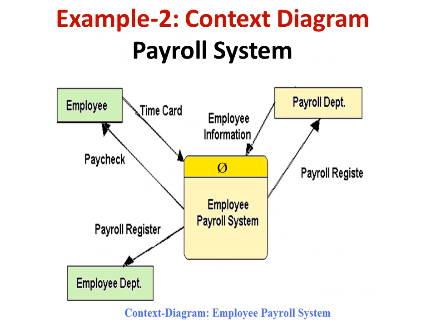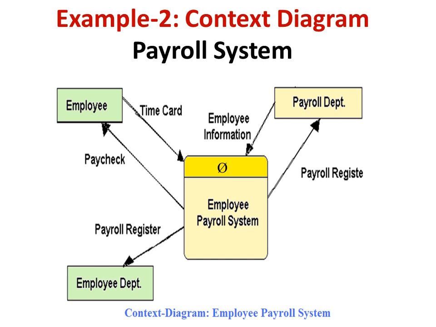Example of a context diagram for a payroll system. As you can see, the system name is in the middle. This model contains one bubble or one process, which is the system name, and 3 external entities: payroll department, employee, and employee debt.